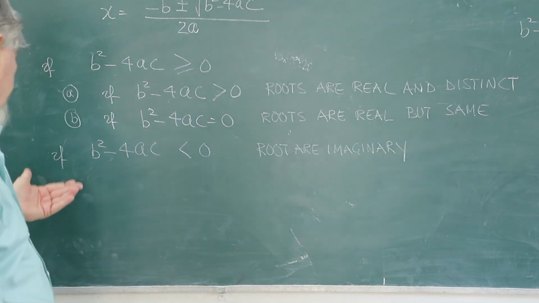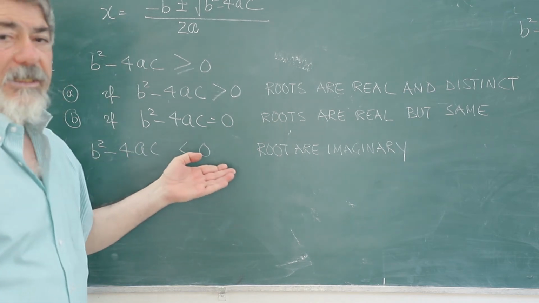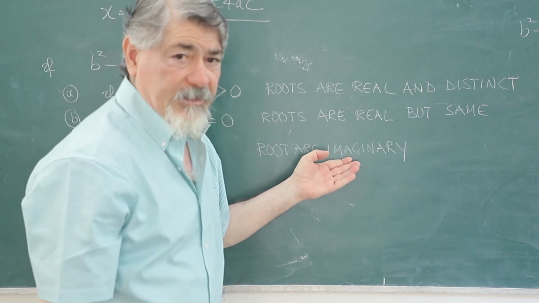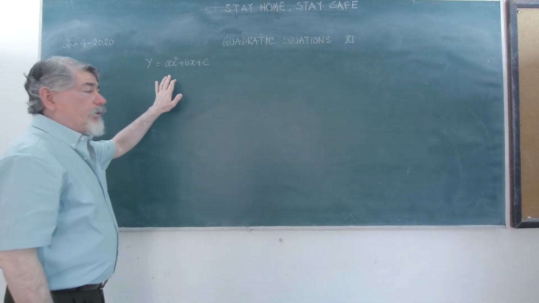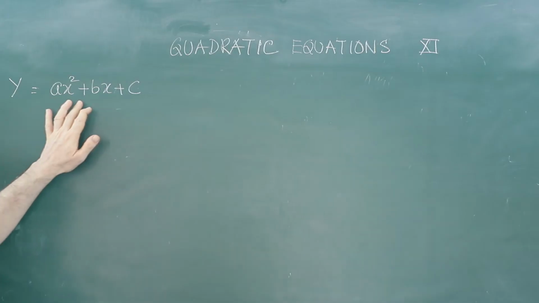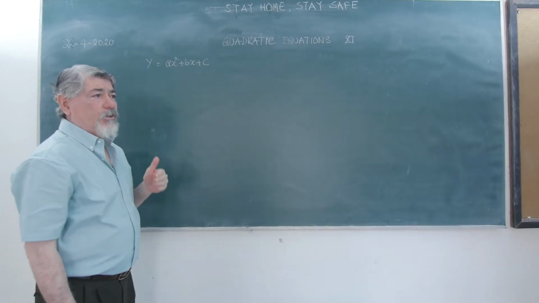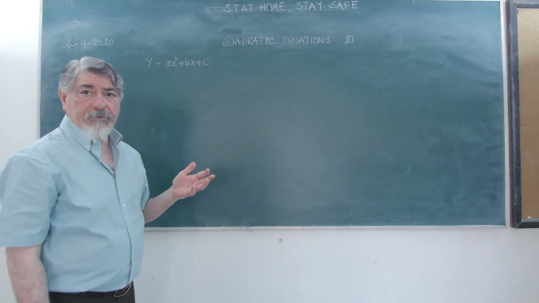In the third case, if b square minus 4ac is less than 0, then roots are imaginary. Okay, we have a quadratic equation in the form y is equal to ax square plus bx plus c. Every equation, whatever form it is given, represents a curve.